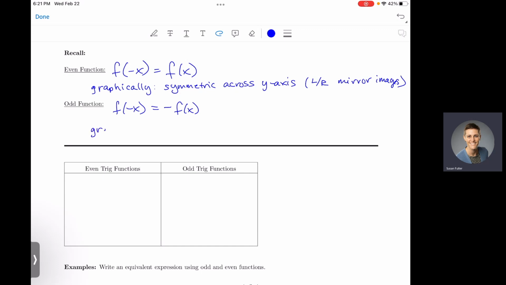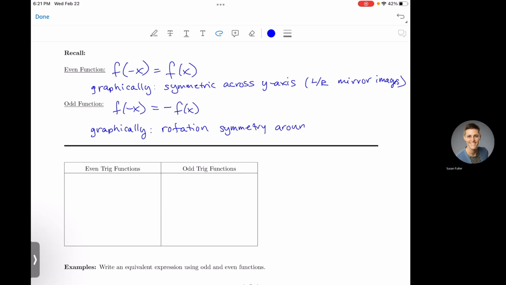And graphically, what that means, odd functions have rotational symmetry around the origin. So that means that the right side of the graph is the left side rotated 180 degrees around the origin, and the left side is the right side rotated 180 degrees around the origin.